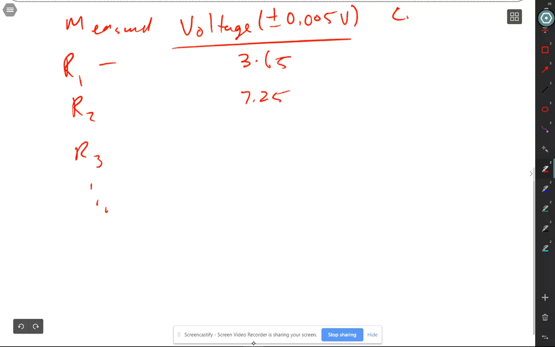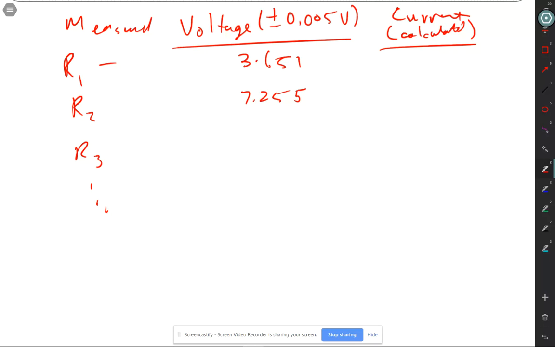And then you have current, and put calculated here. And then just take the value that you had for the voltage divided by the resistance value.